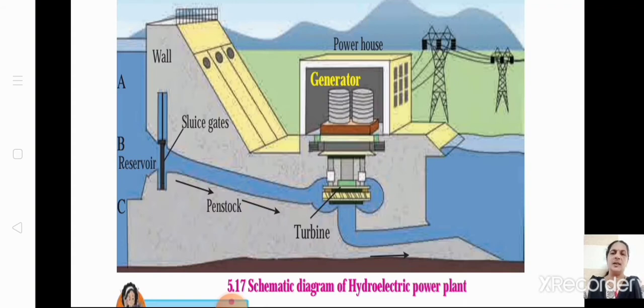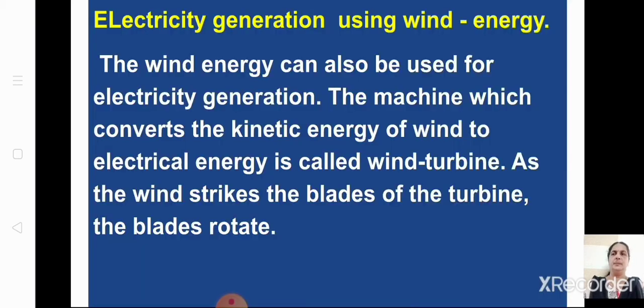When water is released, you get kinetic energy. You can see the generator, the base of it, that converts. It is connected to the turbine, and that rotates, and you get electric power. There are some advantages and disadvantages also that you can go through in the video or in the textbook. This is quite simple.